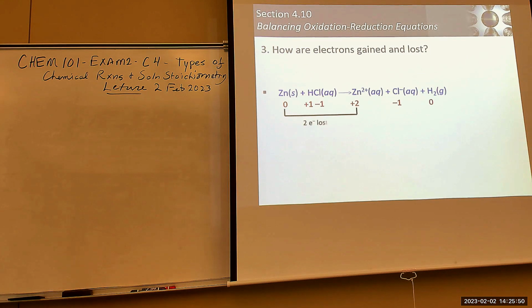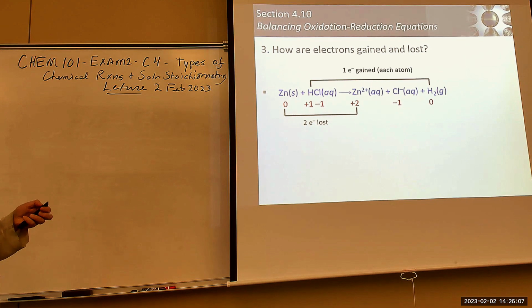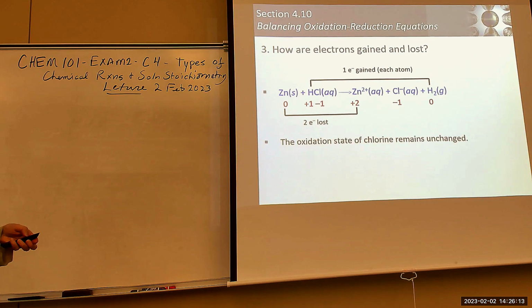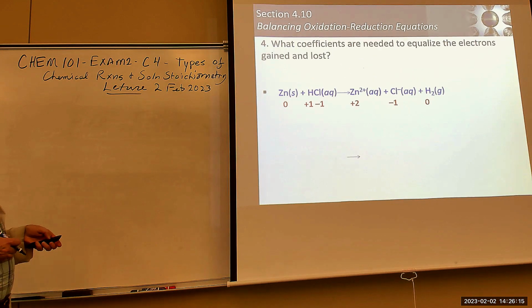And then draw your tie lines so that you can account for the electron movement. And in this case, we've got 2 electrons moving from here to produce that. 2 electrons were lost from this zinc to that zinc ions. And in this movement, we've got 1 electron gain for each atom. Chlorine remains unchanged.